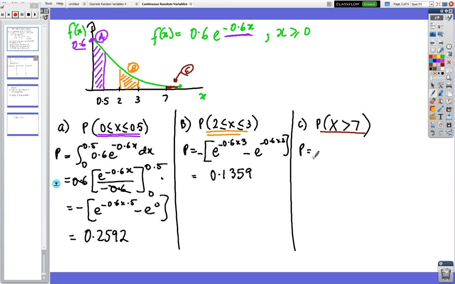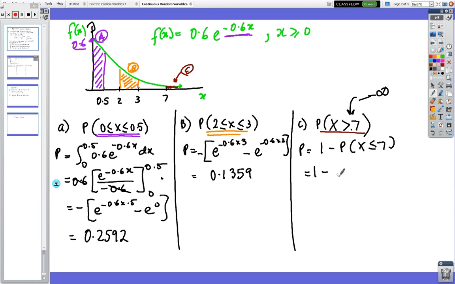And the last one, the probability: we want bigger than 7, but we can't put in infinity. So actually, we'll use the complement. It's going to be 1 minus the probability that x is less than 7. We can't actually do 7 to infinity because we can't sub in infinity, so we'll do the complement.